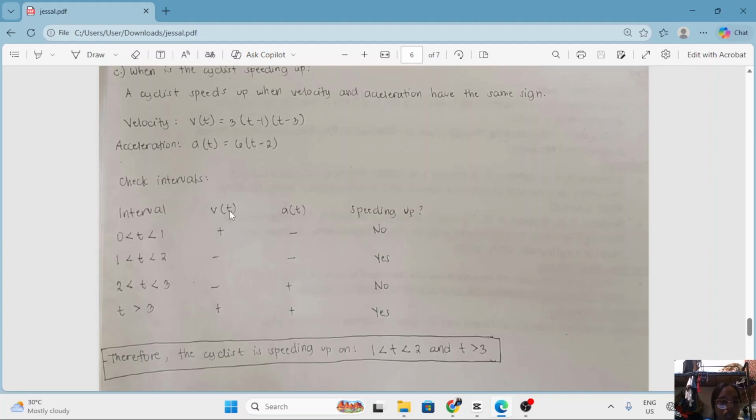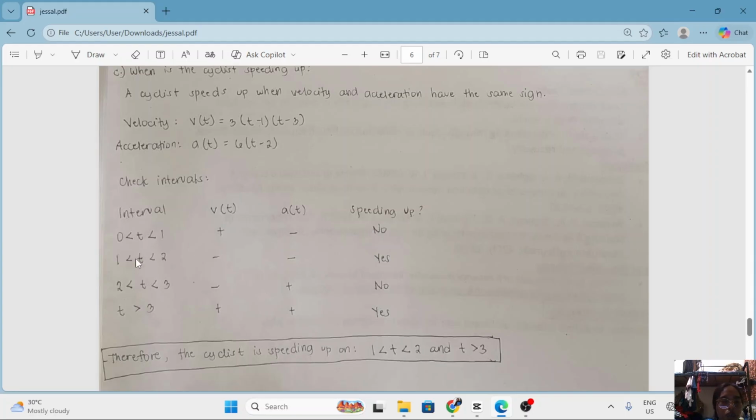In the interval t greater than 0 and less than 1, our velocity is positive and our acceleration is negative. Since they are different signs, it does not speed up.